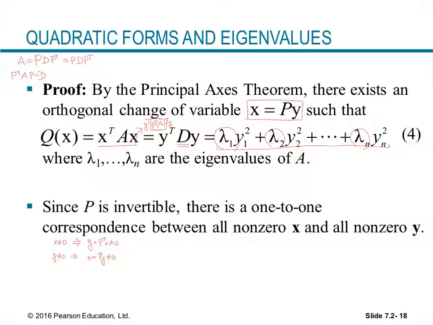Okay, so if Q(x) is positive for all non-zero x vector, then lambda 1 y1 squared plus lambda 2 y2 squared up to lambda n yn squared will be positive for all non-zero y vector.